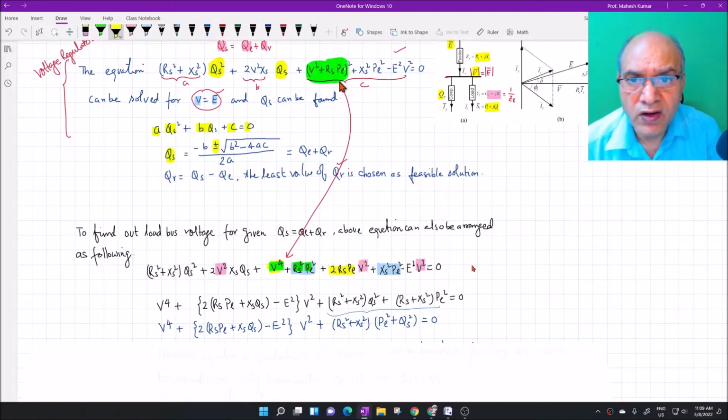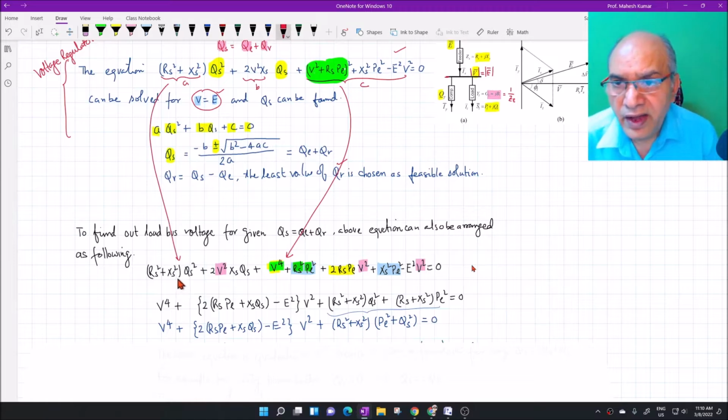So this is the square of this term. The next is Xs squared, same as here, and PL squared here, minus E squared V squared. This side we have Rs squared, same expression as such. So this is here Rs squared plus Xs squared into QS squared plus 2 V squared Xs.